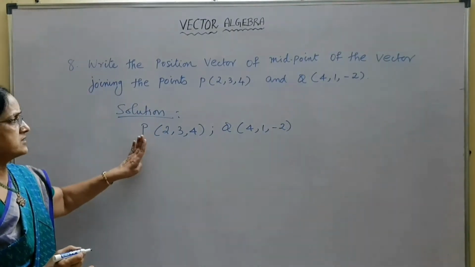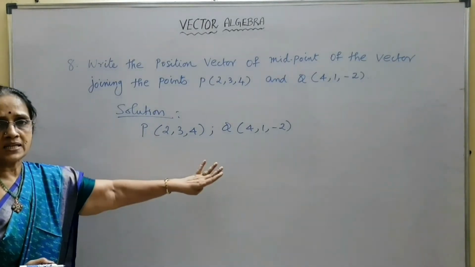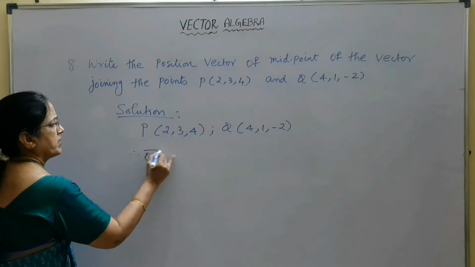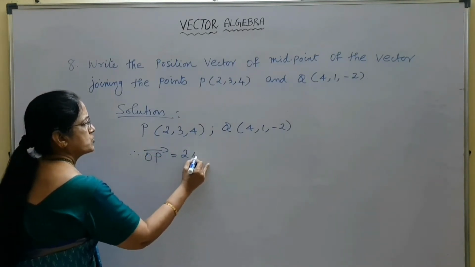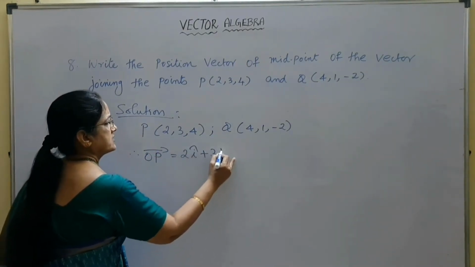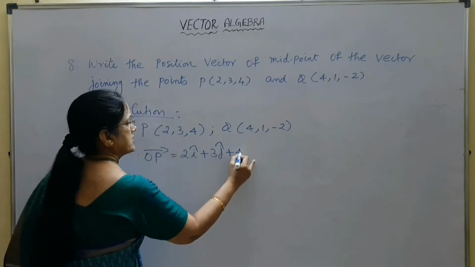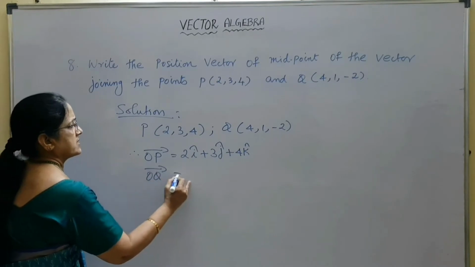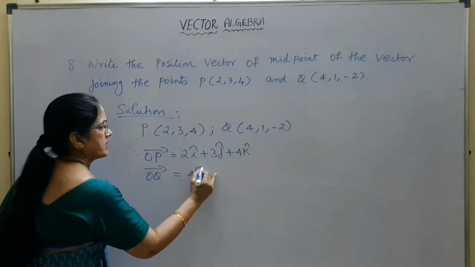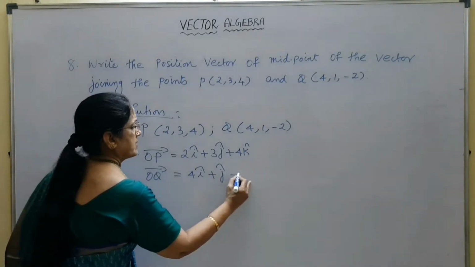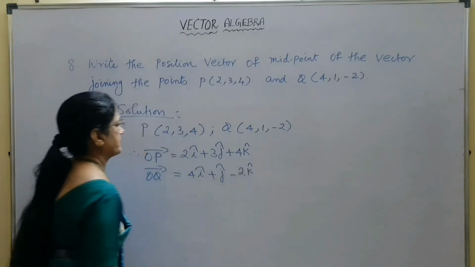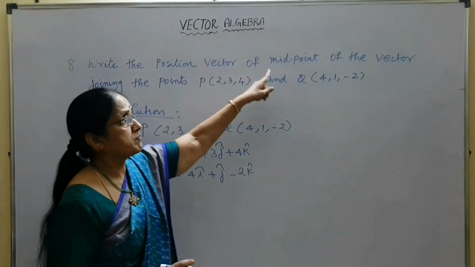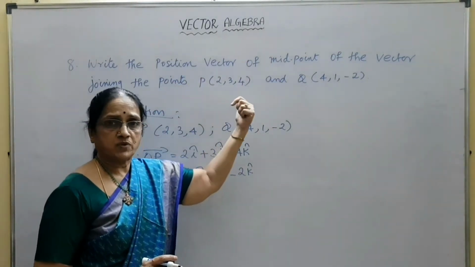Now let us write the position vectors of the points P and Q. Therefore, OP vector is nothing but 2i cap plus 3j cap plus 4k cap, and OQ vector is nothing but 4i cap plus j cap minus 2k cap. I need to find out the position vector of the midpoint of the vector joining the points P and Q.